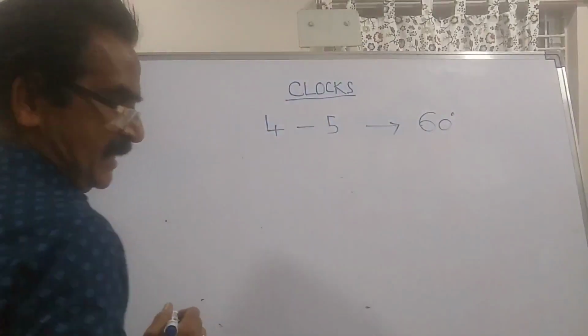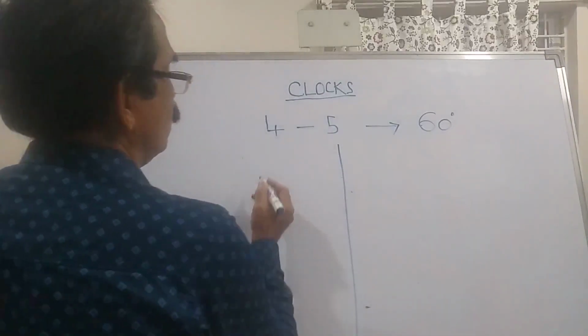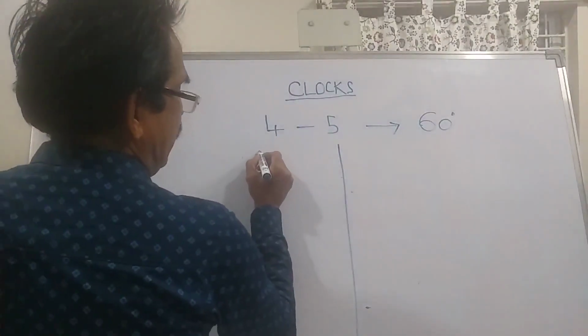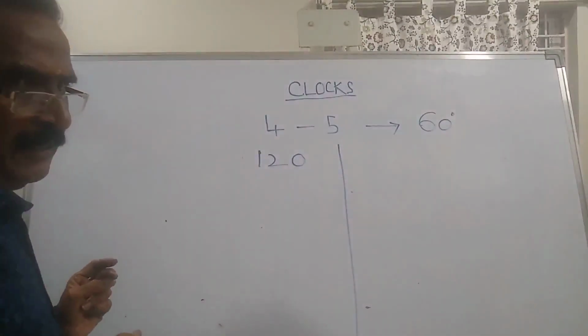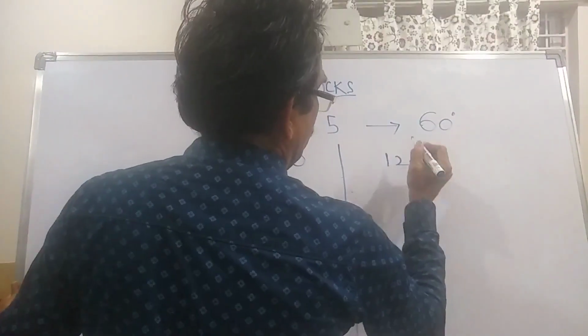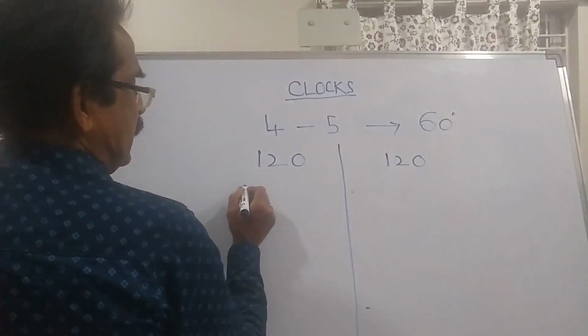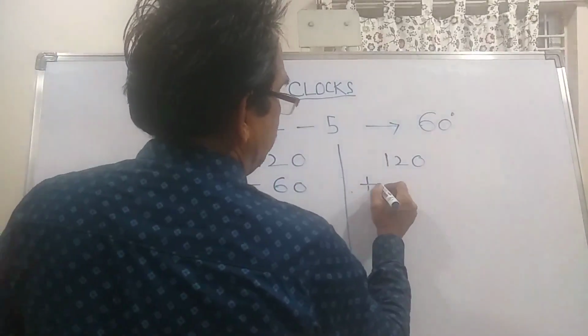Now you want 60 degrees. For this, what do you have to do? At 4 o'clock, we know the angle between the hands, so 120. Here again you put 120. One time you subtract, one time you add.